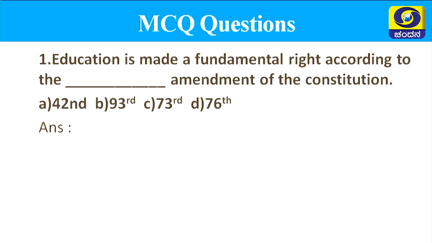B answer is 93rd amendment, C option is 73rd amendment, and D option is 76th amendment. Now, children, find out which is the correct answer. Yes, you are right. 93rd amendment. B answer is correct. Education is made a fundamental right according to the 93rd amendment of the Constitution.